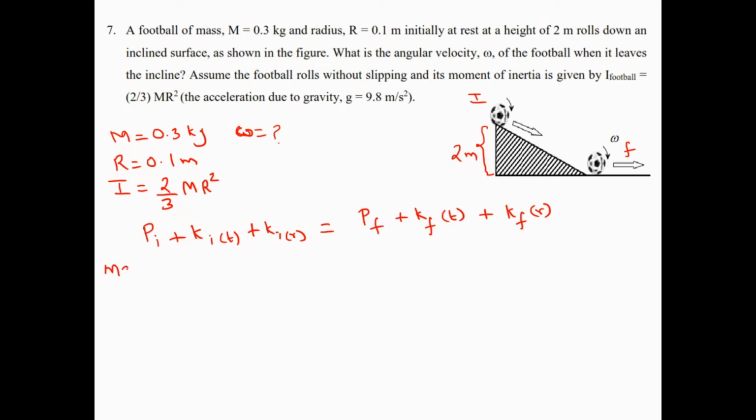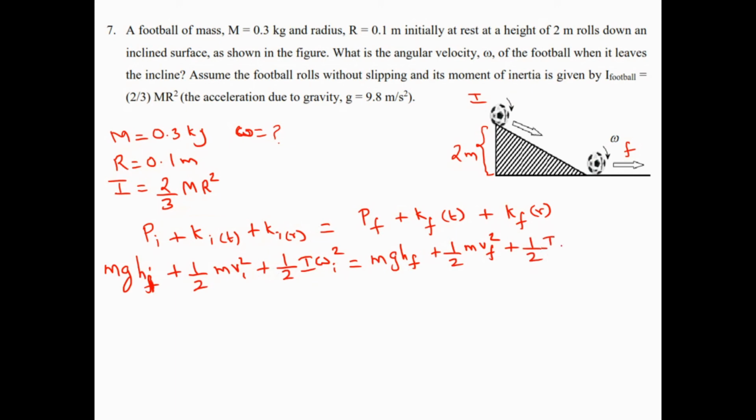So m g h initial, because this is the initial point, plus half m v initial squared, and for the rotational kinetic energy, half I omega initial squared, which is equal to m g h final plus half m v final squared plus half I omega final squared. Clear?